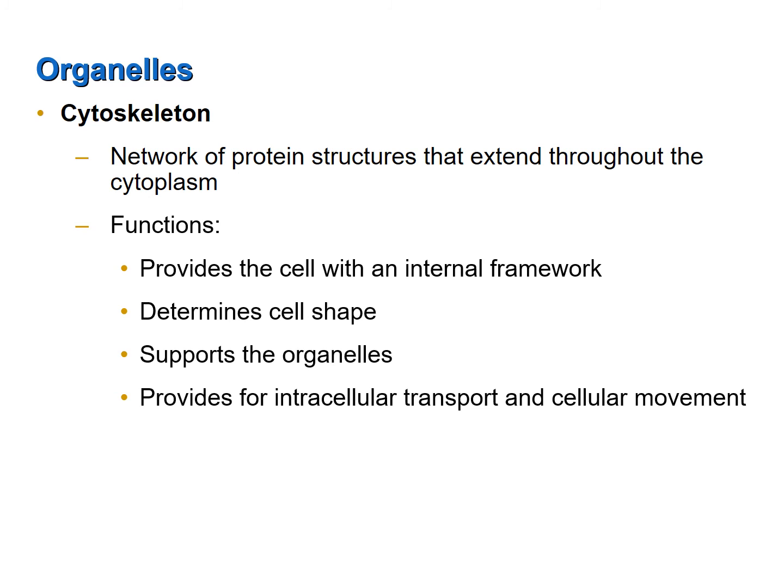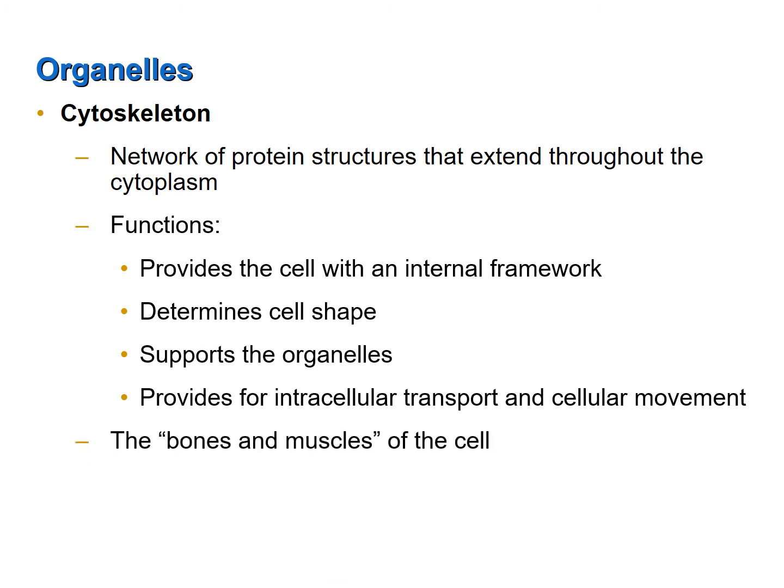The cytoskeleton determines the shape of the cell, it supports the organelles, and it also allows for the transport of vesicles within the cell. And for those cells that move, it also enables cellular movement.